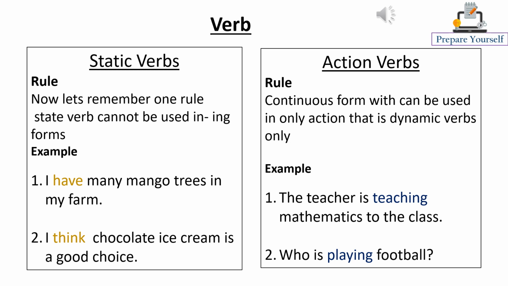Number 2, who is playing football? Playing is a physical activity. Here we are talking about football. It has been played in an open ground, and here with play we are adding ing to make it continuous. Who is playing, right? Now let's go to another slide.